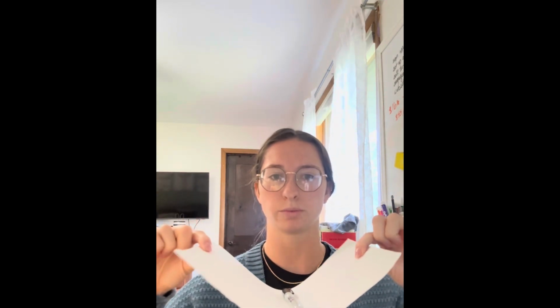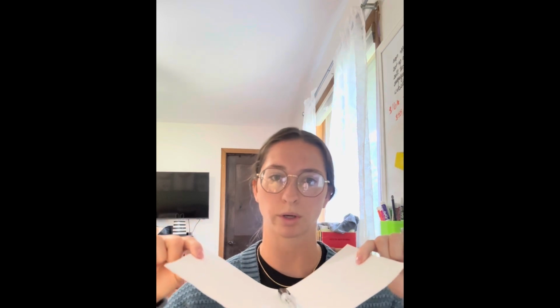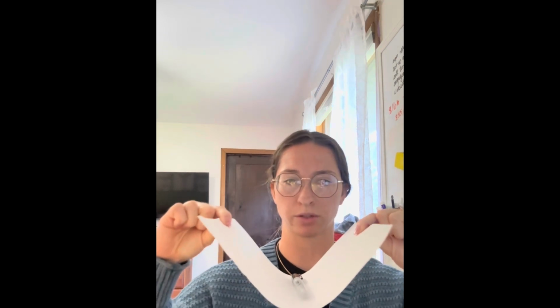So next we're going to go over the 3-point and 4-point bending. With 3-point, it is a single force that's applied in the center of 2 supports. Here I put a Sharpie in the middle of a piece of paper supported with each of my 2 fingers.